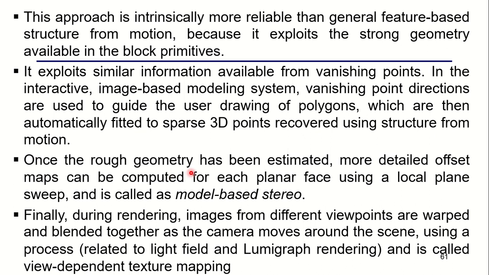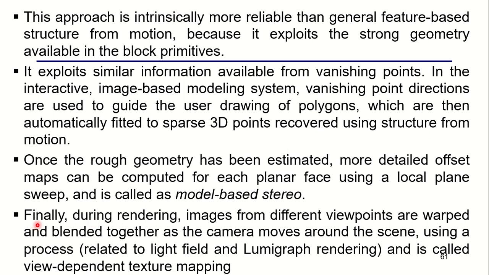Once the rough geometry has been estimated, more detailed offset maps can be computed for each planar face using a local plane sweep, and this is called model-based stereo. So a basic model is created first, and the additional details and features of that object are added to this basic model.